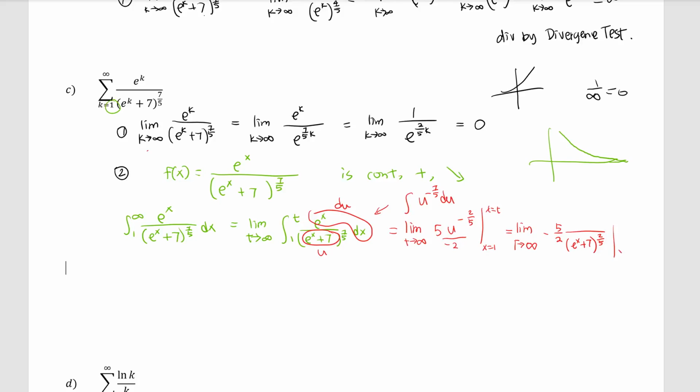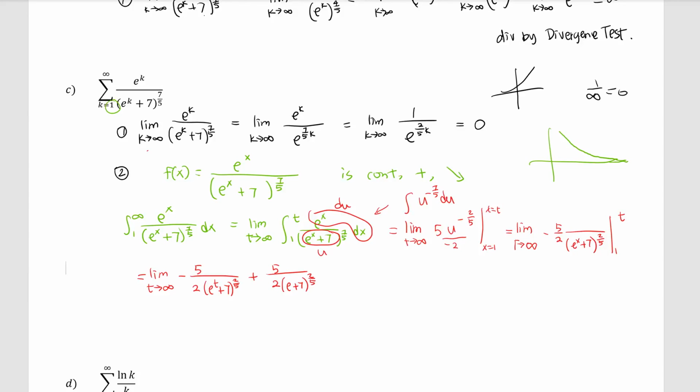And then we evaluate, now we get the x, we don't need to put x anymore, from 1 to t. So from 1 to t, we plug in t first, we get minus 5 over 2 times e to the t plus 7 to the 2/5. Minus negative becomes plus. We plug in 1, so we get e plus 7 to the 2/5.